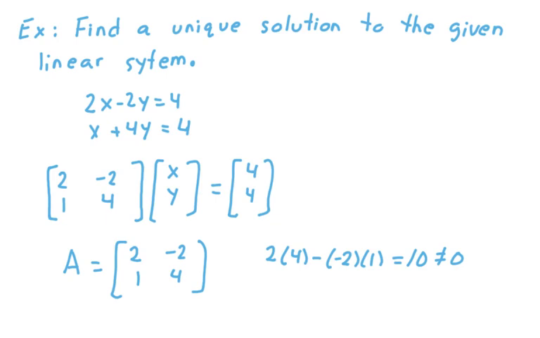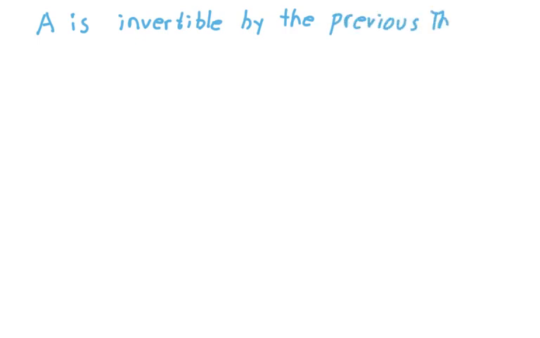And so what that tells me is A is invertible by the previous theorem. Now, the question is, what is A inverse? A inverse is, so I'm going to take 1/10, okay, that 10 is ad minus bc.